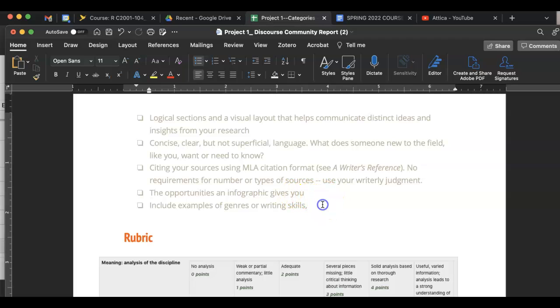So I am not a designer. I love infographics and I love playing with them, because I am excited about the ways in which infographics create visual presentations and representations of knowledge that I'm trying to communicate.